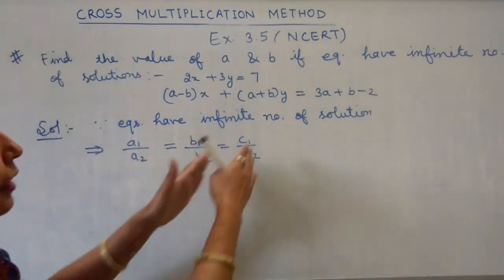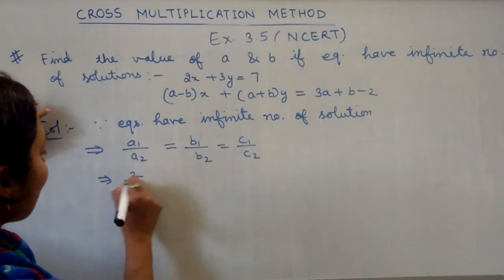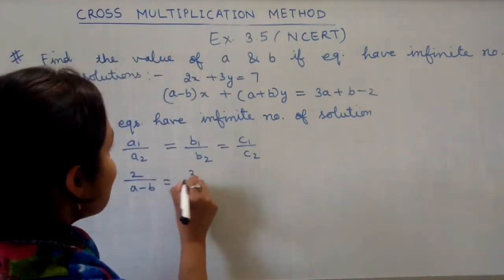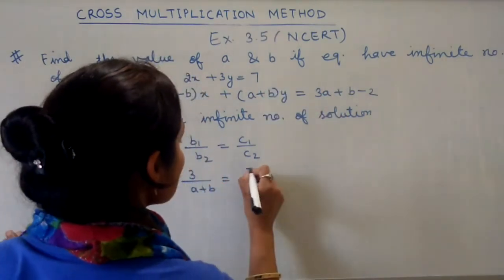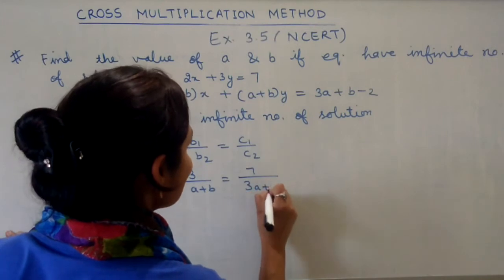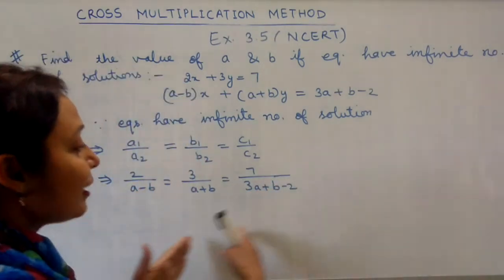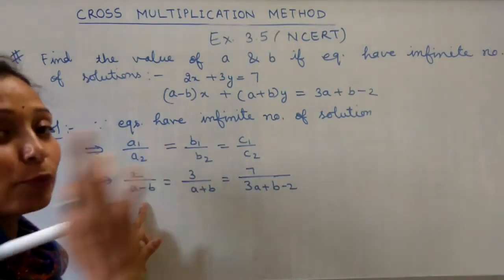I will put the values in this condition: a1 upon a2, that is 2 upon (a minus b), b1 upon b2, that is 3 upon (a plus b), is equal to c1 upon c2, 7 upon (3a plus b minus 2).